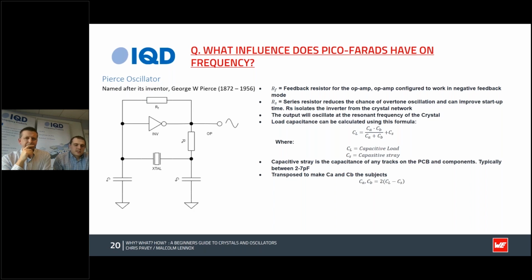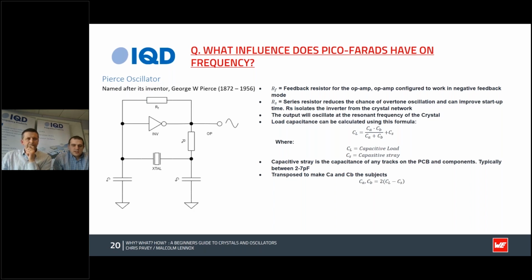It is assumed that CA and CB are equal. If, however, CA and CB cannot be equal due to standard component values, then CA should be a smaller value than CB.